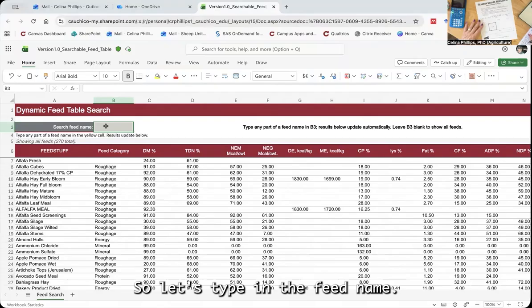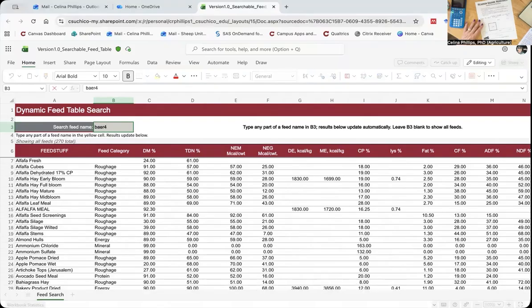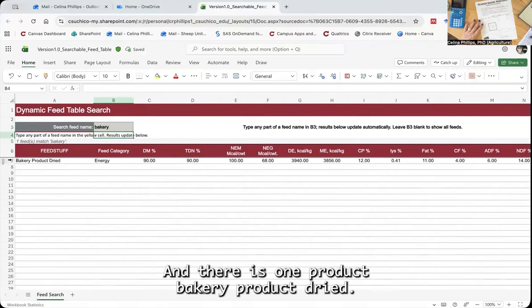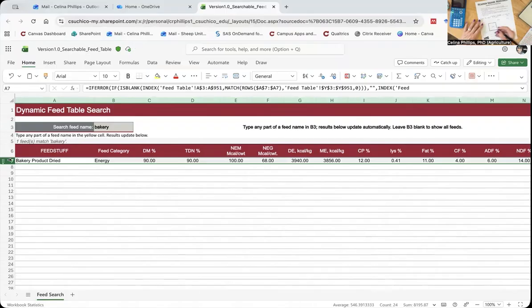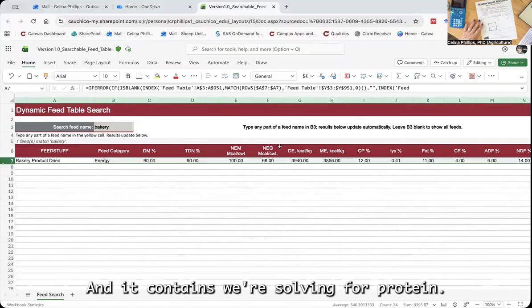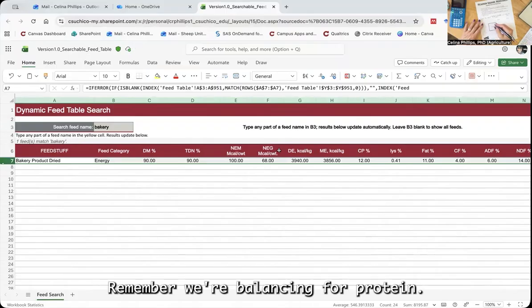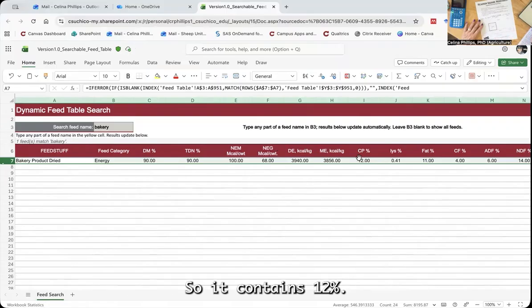All right, so let's type in the feed name. The first is bakery waste. Let me actually type correctly. There is one product, bakery product dried, and we're solving for protein. Remember, we're balancing for protein. So it contains 12%.